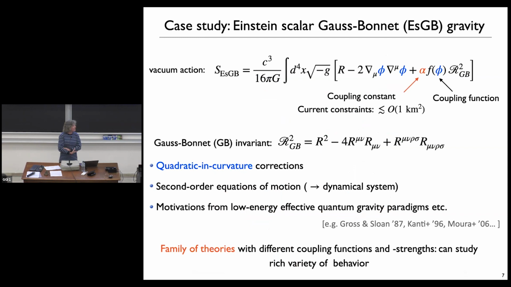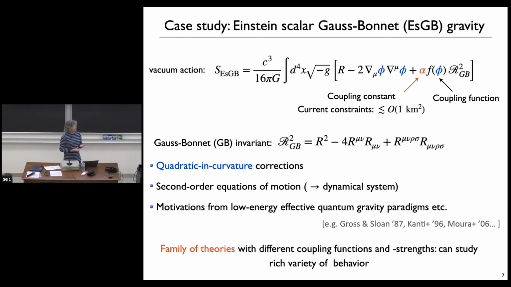It reduces to GR in the small coupling limit or at low curvatures. But then there's an extra scalar field that is coupled to the Gauss-Bonnet curvature invariant. So it's a kind of quadratic in curvature correction, but through this special topological term.